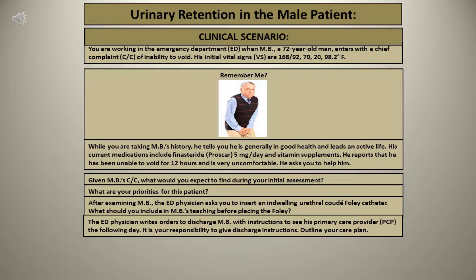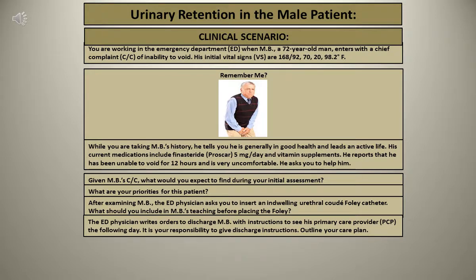While you are taking Mr. MB's history, he tells you he is generally in good health and leads an active life. His current medications include Proscar, 5 milligrams a day, and vitamin supplements. He reports that he has been unable to void for 12 hours and is very uncomfortable. He asks you to help him.